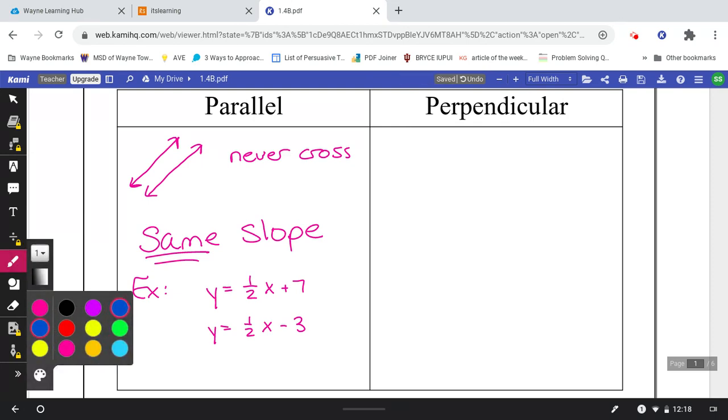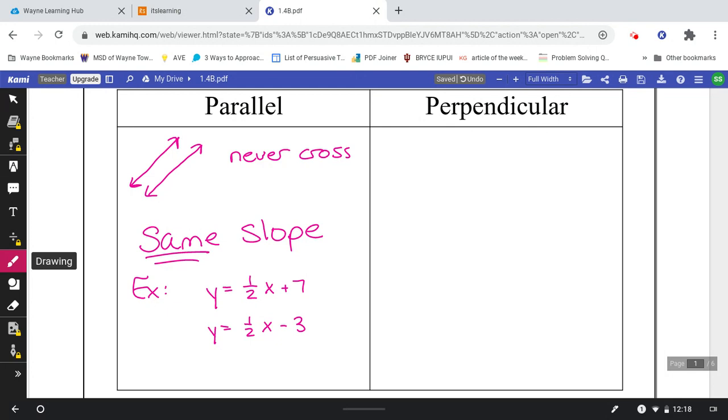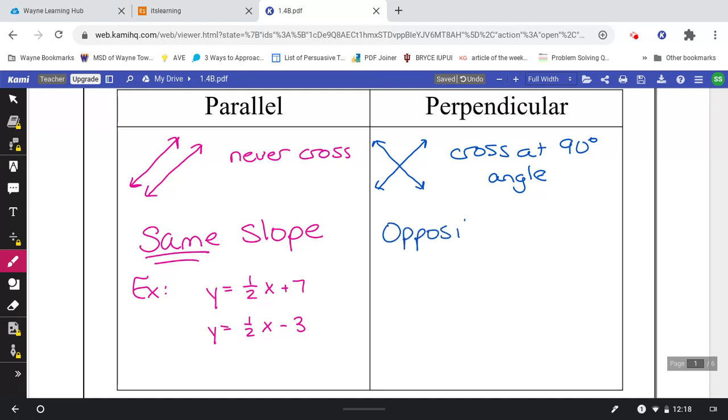For perpendicular, lines are ones that cross at exactly 90 degrees. Cross at a 90-degree angle. In order for that to happen, the slopes have to be opposite reciprocal.